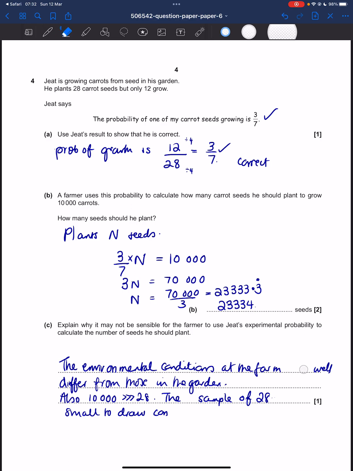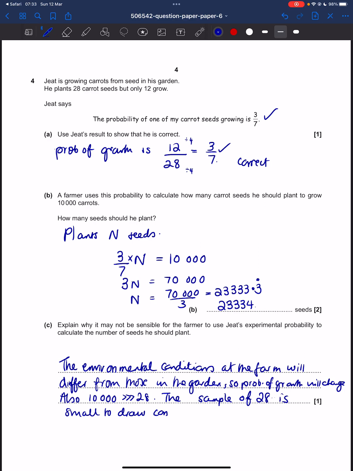Let's be a bit more definite. The environment will differ from those in the garden. So the probability of growth will change. In real life, you never know what's going to happen, but let's be definite.